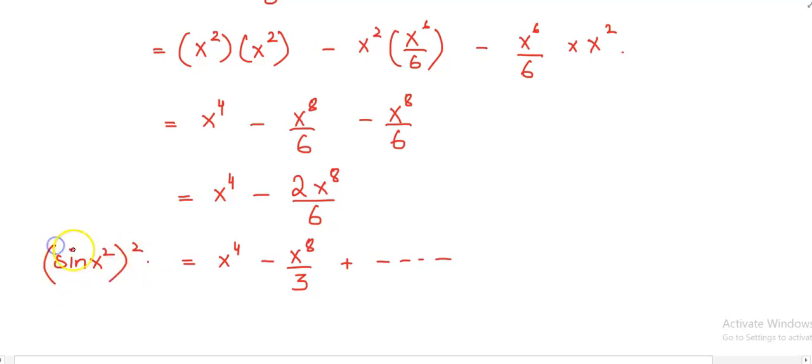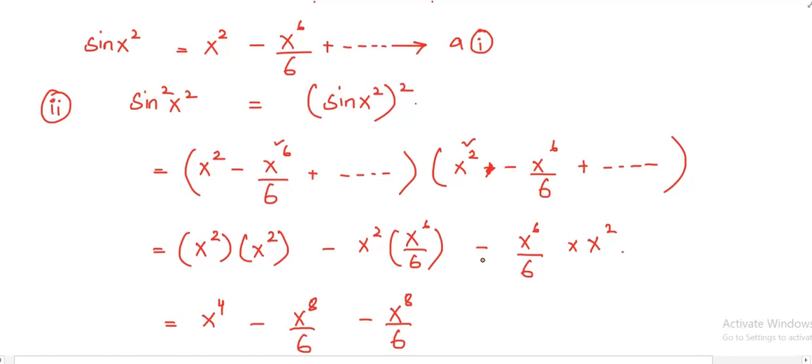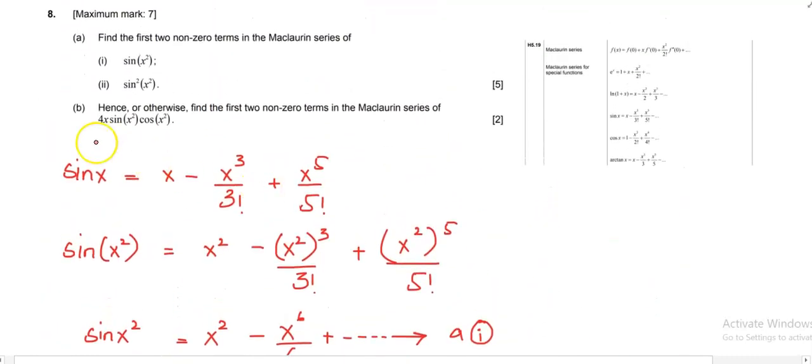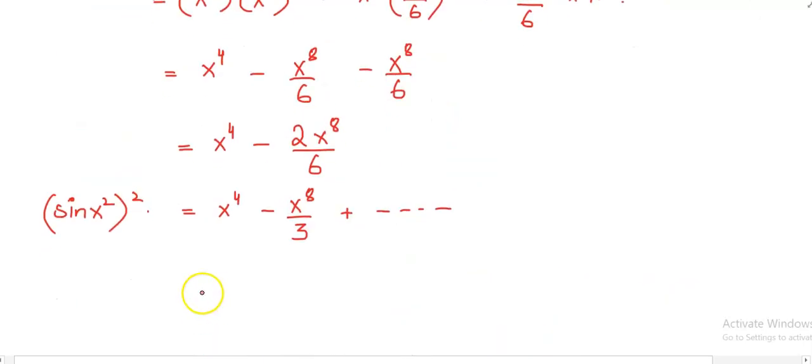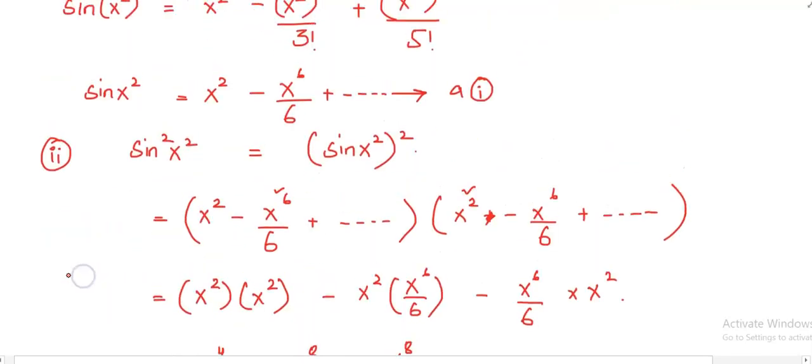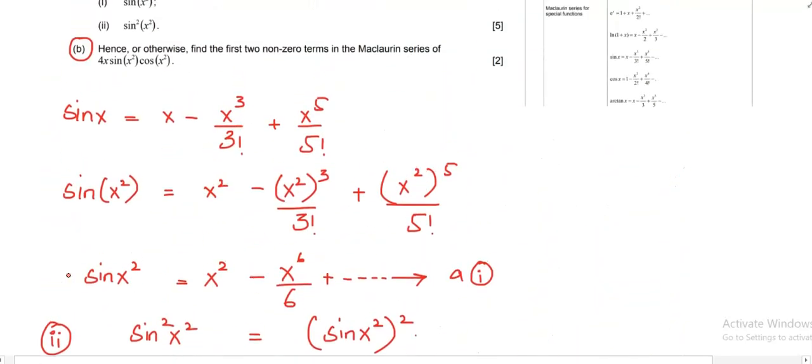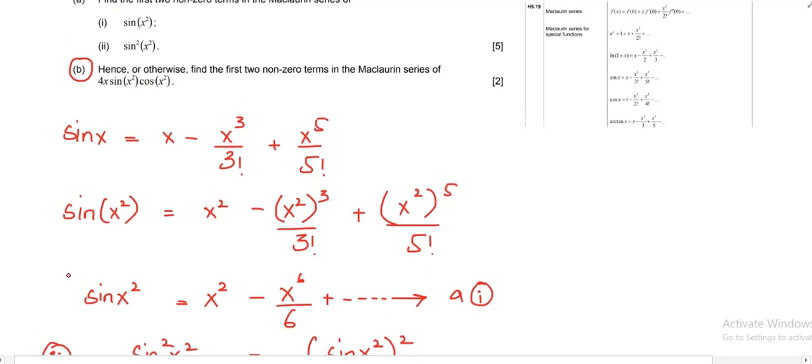So this is what I get, right? Now in the next part, we are supposed to find the value for 4x sine of x squared into cos of x squared. This is what we are supposed to find in part B. Again we need the first two non-zero terms.